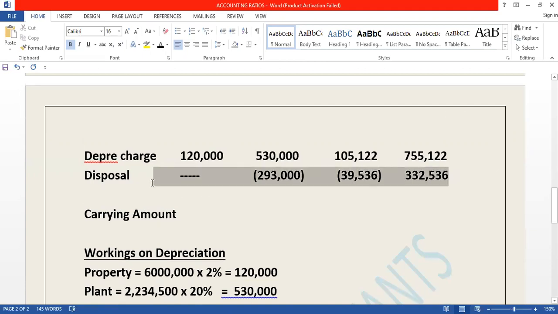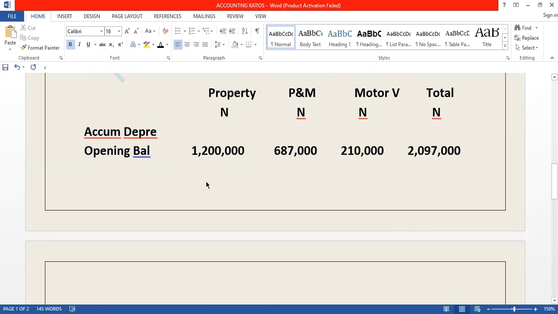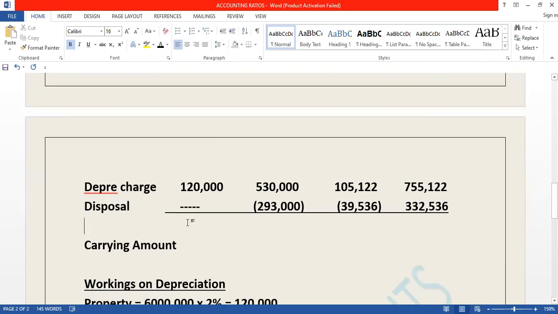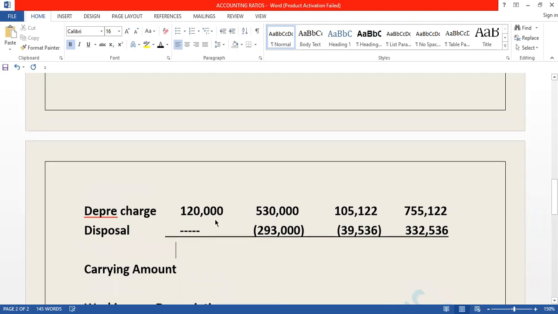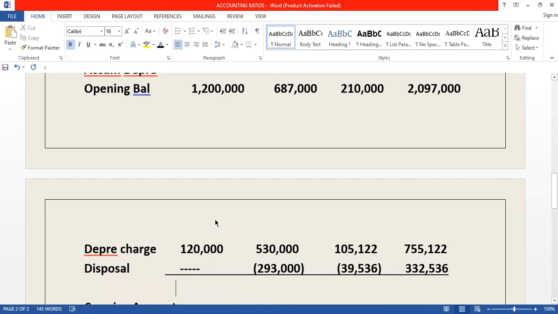We have to add all our depreciation together now, then we less it off there. So 120 plus 1.2, what do we get? Let's use just 5 minutes to finish this off. 1320.